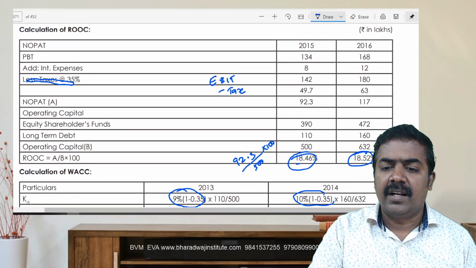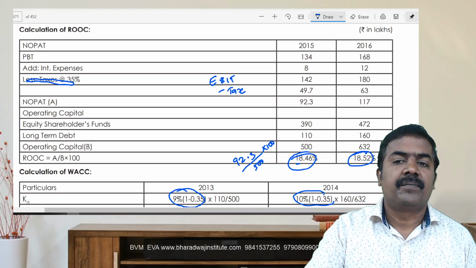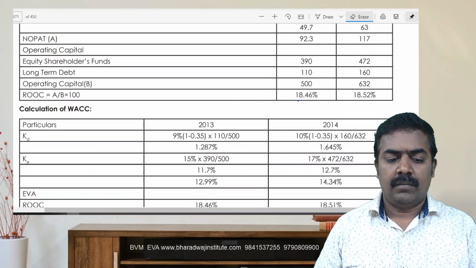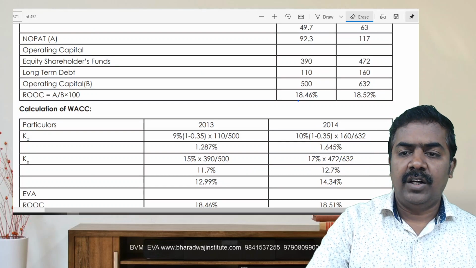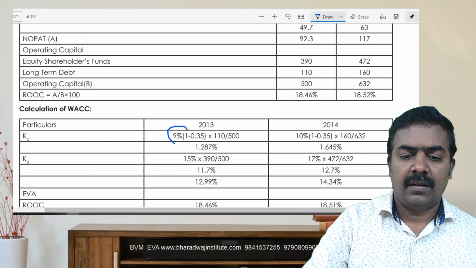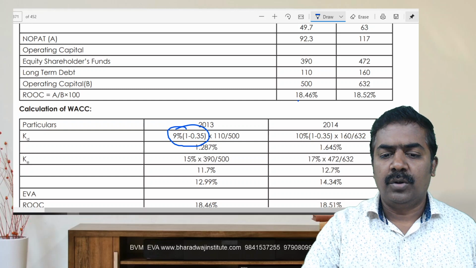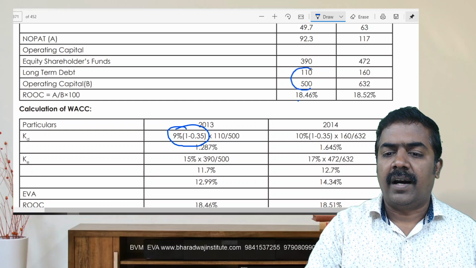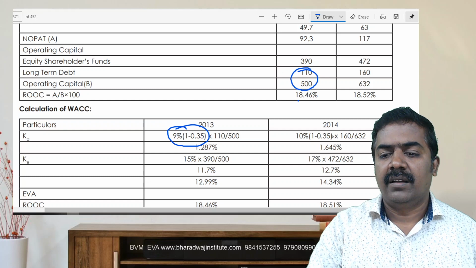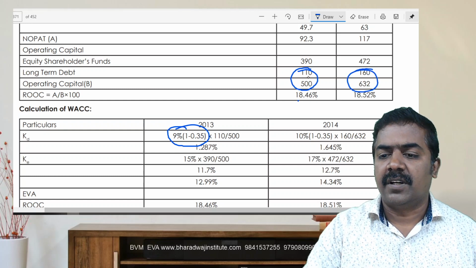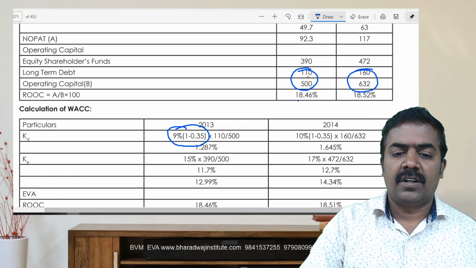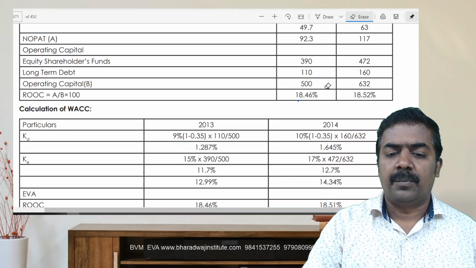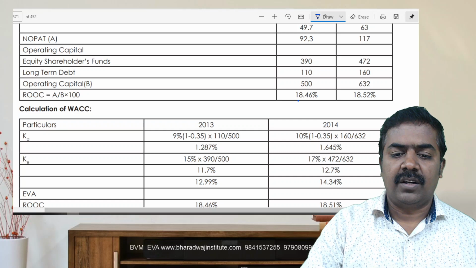Debt is 110 out of 500, and this is 160 out of 632. So this is the weighted average cost of capital for the debt component.